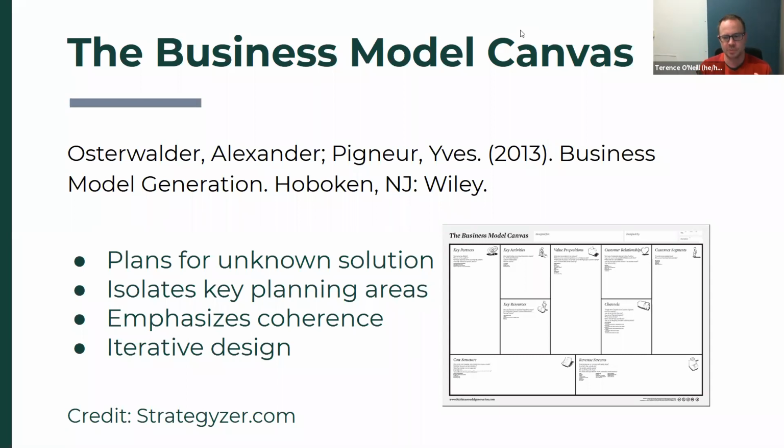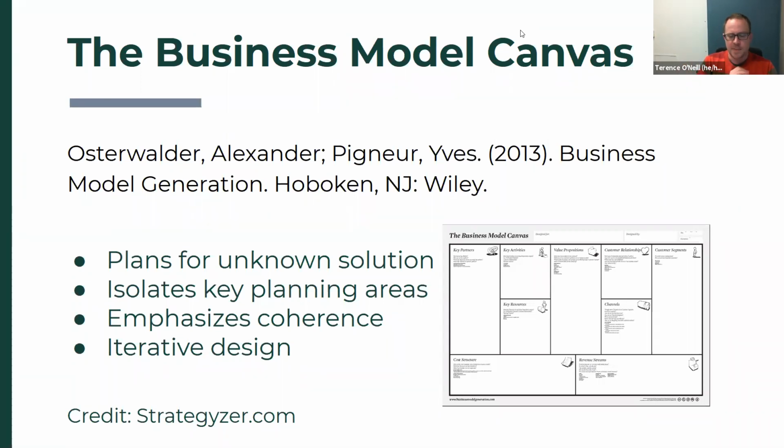are that it gets people to put down their ideas, particularly when you don't know exactly what the solution is going to be. And that you have to put something in all 4 or 9 of the areas, and that it emphasizes a coherent approach, so that if you switch one thing, it changes another.